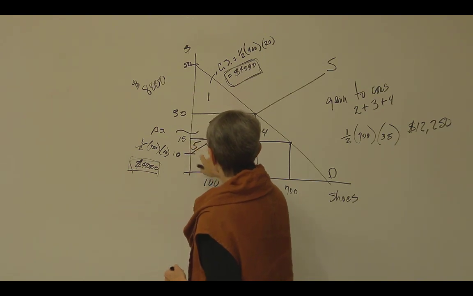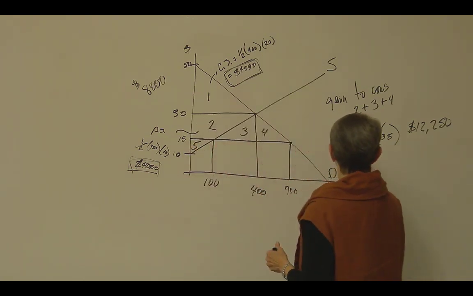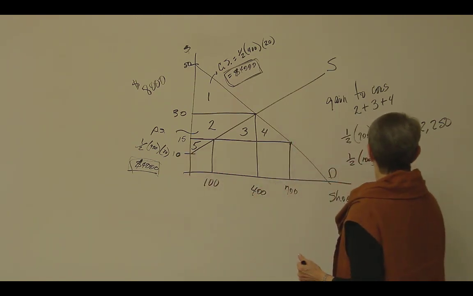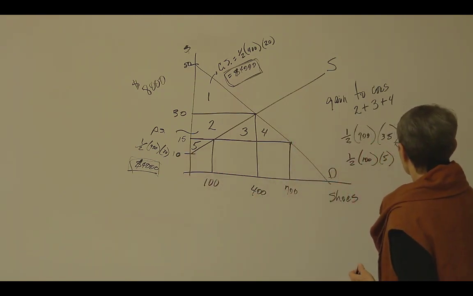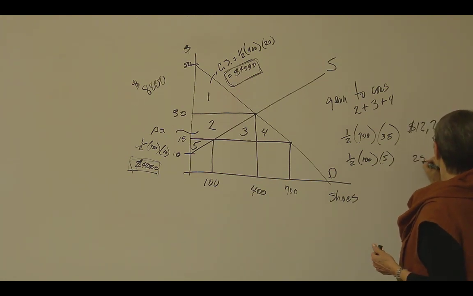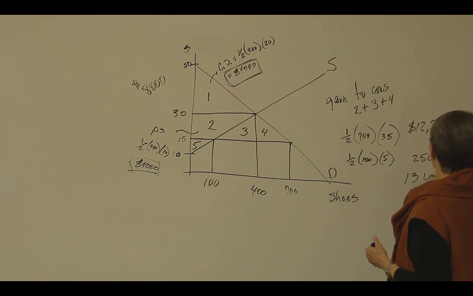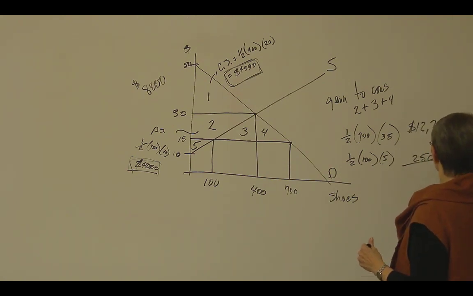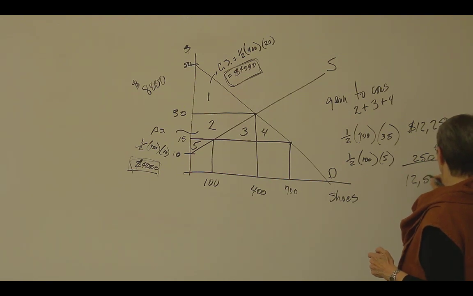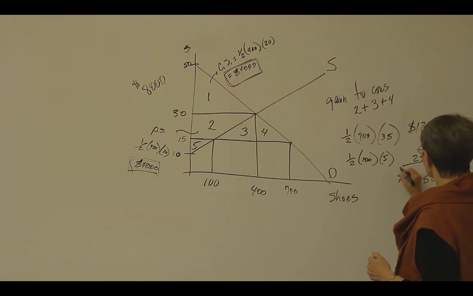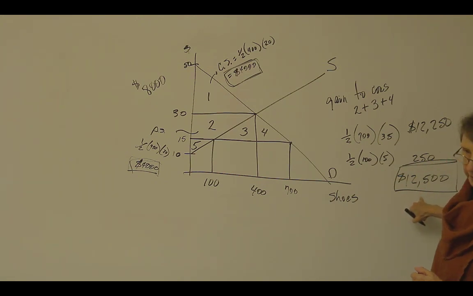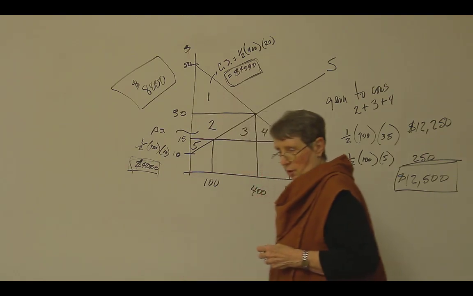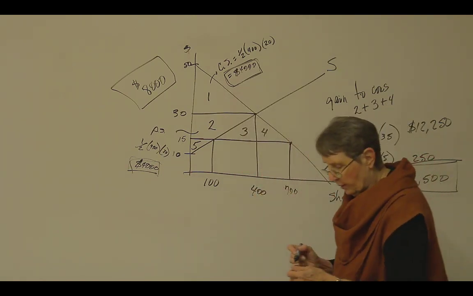And producer surplus is this tiny little triangle right here, which is 1/2 times 100 times 5. So 5 times 50 is 250. So $13,000. No, $12,500 is my total surplus. So compare this $12,500 with this $8,000, and the economy is better off.